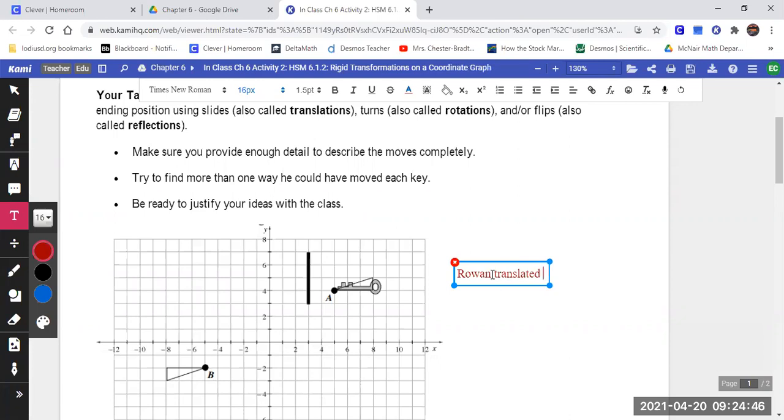So why move right to move back left? Okay. We translated. Nice, Leslie, vertical, because we're going up and down. Translated vertically. How many? And up or down, which direction?